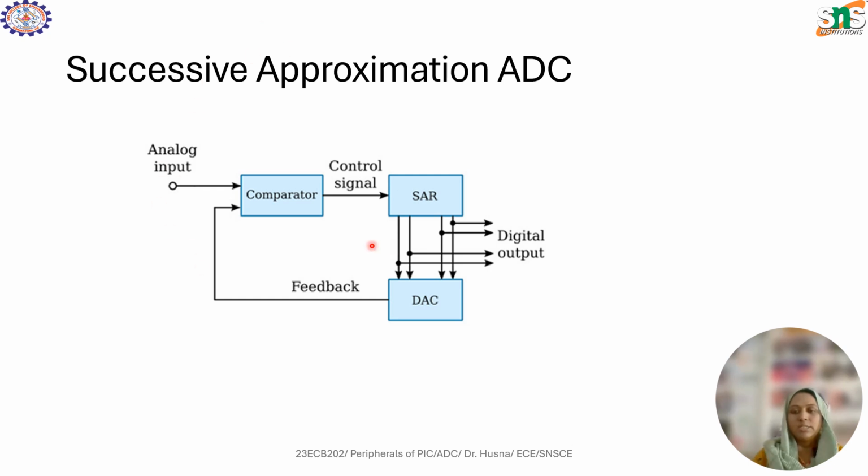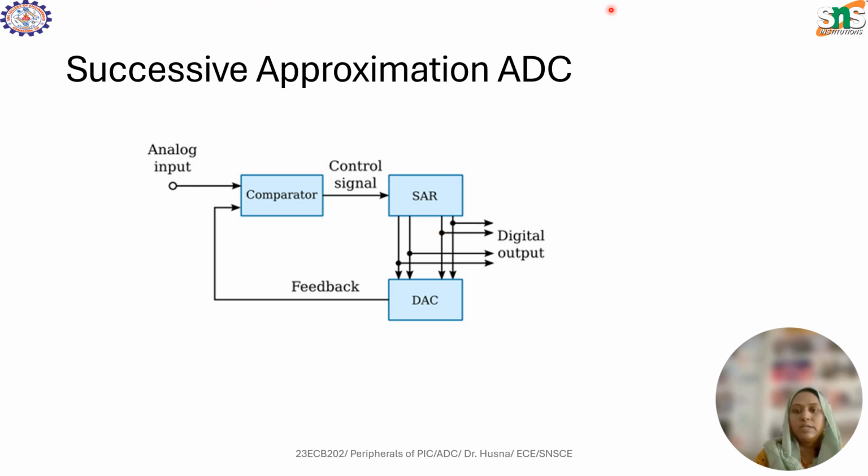Initially the digital number in the successive approximation register, the SAR, is 0. The SAR turns on the MSB, and the DAC delivers the feedback voltage for this bit as the second input to the comparator.